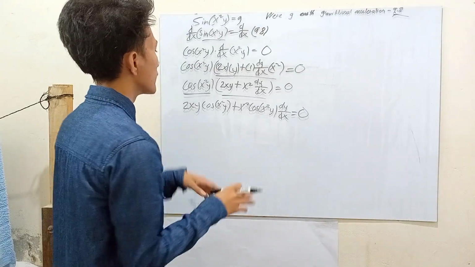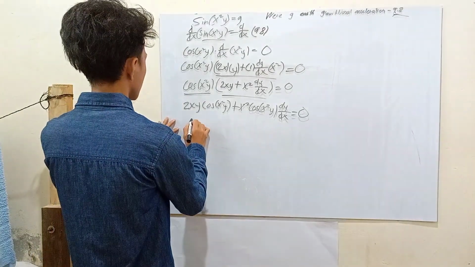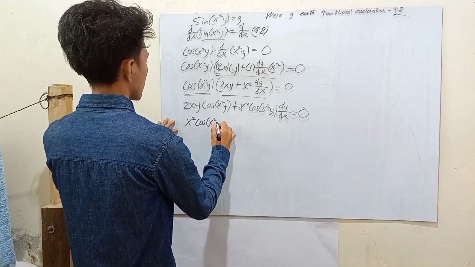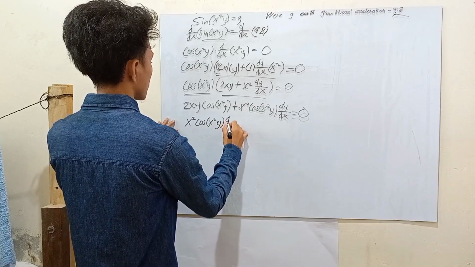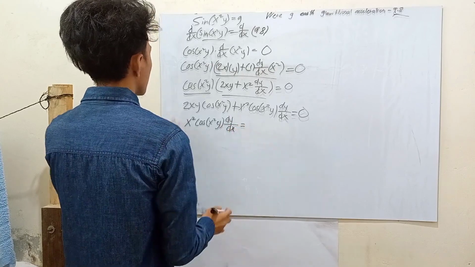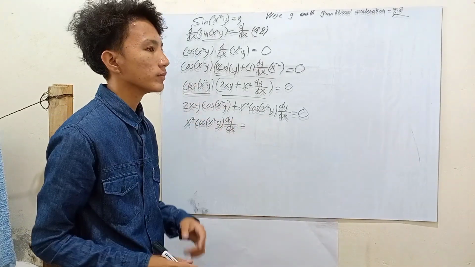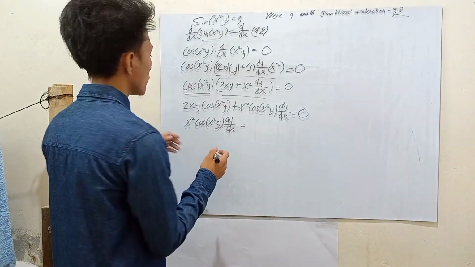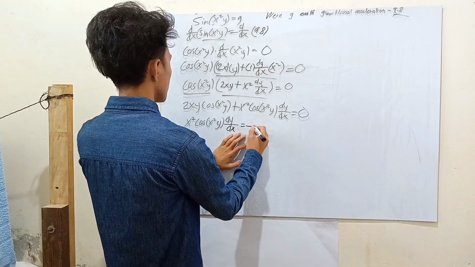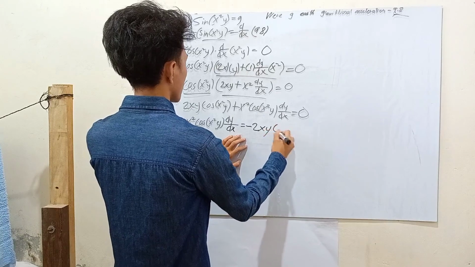And then the next step is to transpose to the other side the term that doesn't have dy over dx. Always remember, if you transpose a term or an equation, you will always change the sign. The positive 2xy will become negative 2xy.